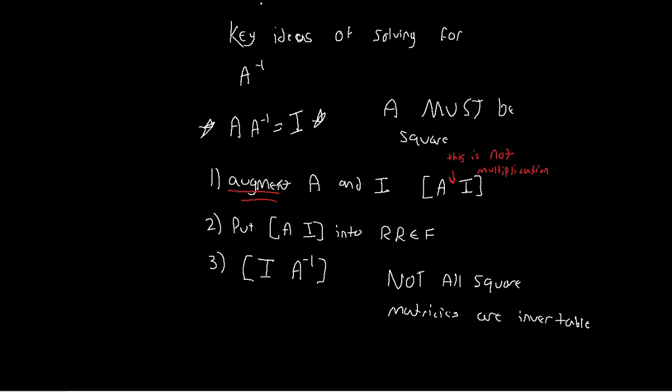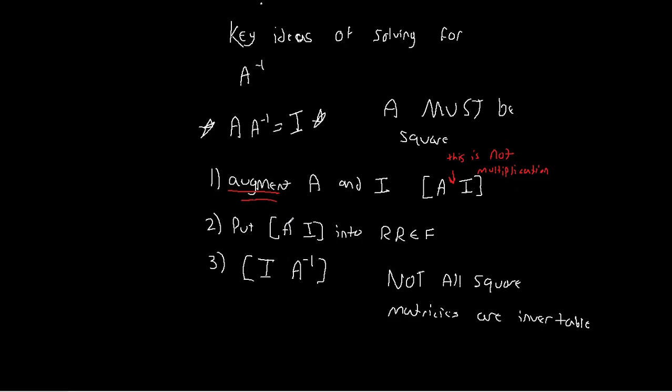So again, to recap, we're going to augment A with I. We're going to put A I into reduced row echelon form. And then through the magic of matrices, we're going to pull out this identity matrix augmented with our inverted matrix.